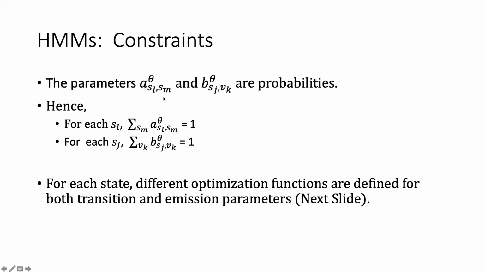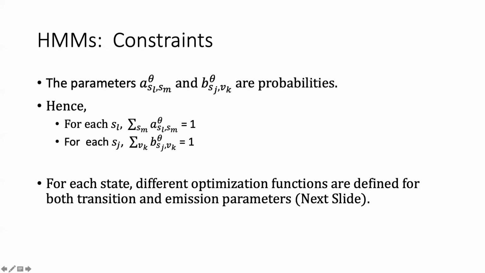Recall that A's and B's are the transition and emission probabilities, and these should sum up to 1. So for each s_l, the transition probabilities summing over all possible reachable future states should sum up to 1, and similarly within each state, the emission probabilities summed over all possible words should sum up to 1.